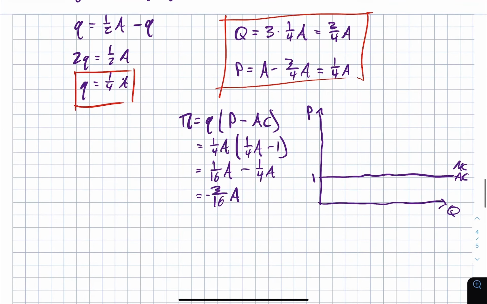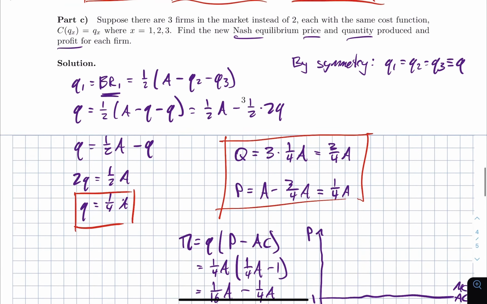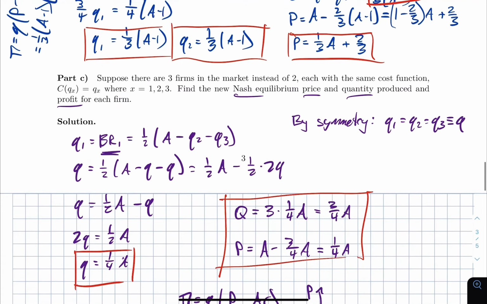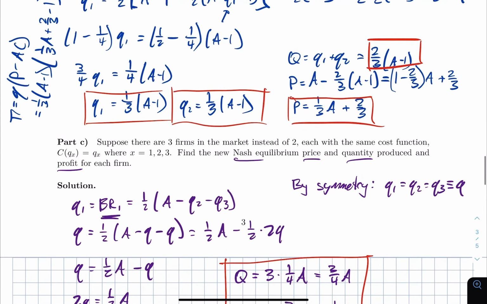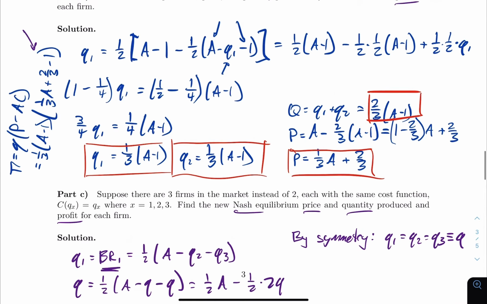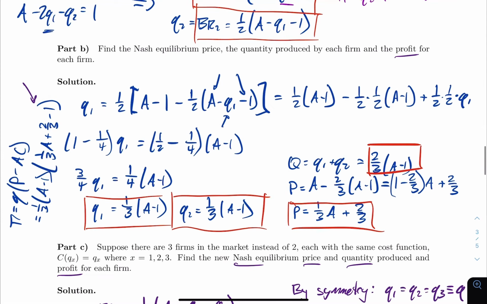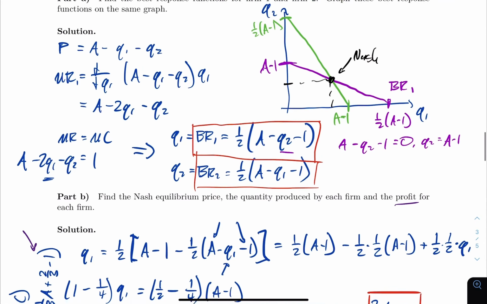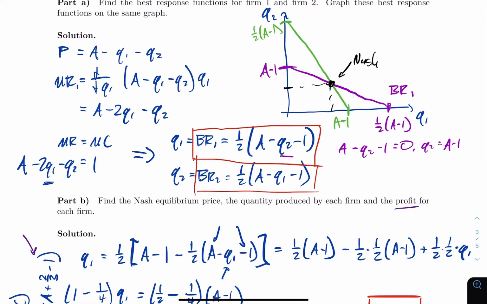And then we want some sort of marginal revenue curve, which is our best response. It's where we get our best response function from. So our marginal revenue is this. So what I'm going to do is just copy this down.